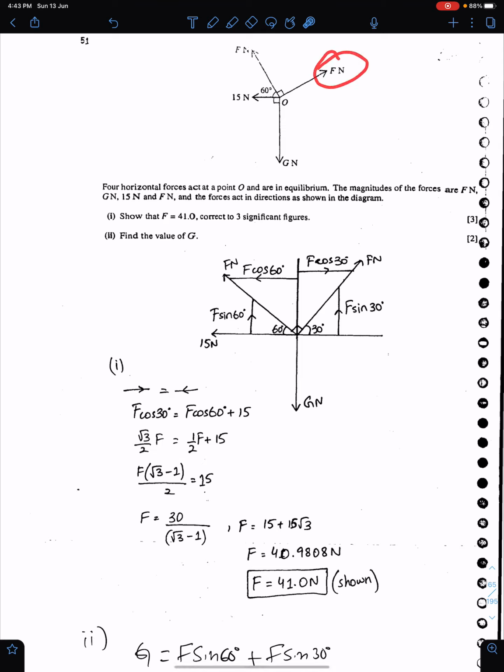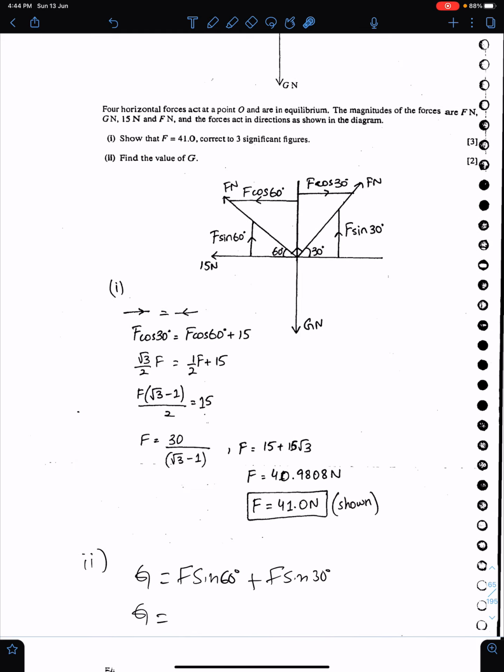This F has two components, this F has two components. 15 is as it is, G is as it is. Since the forces are in equilibrium, this is equal to F cos 60 plus 15. So F is 41.0. For G, you need to equate these forces. This plus this equals G. By substituting the value of F here and here, we can get the value of G.